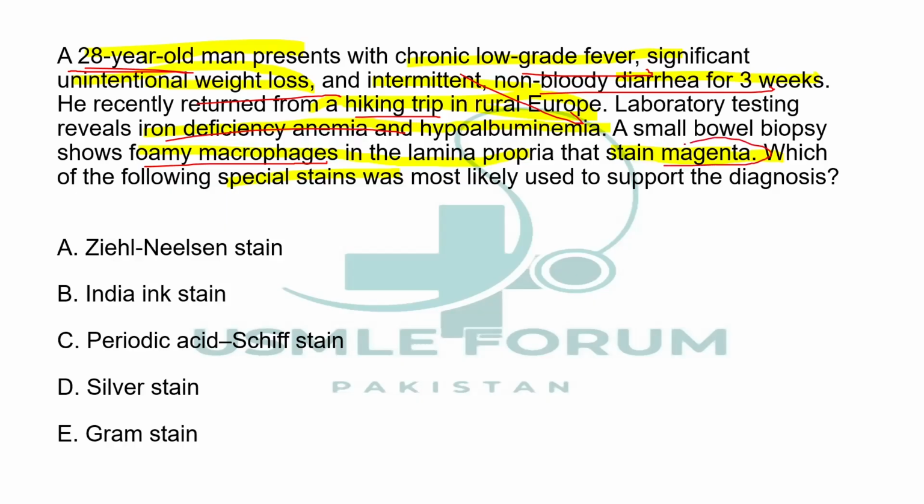Magenta is just basically a color. It's a kind of maroonish type of color. You don't really need to concentrate on this. This is not important. But other clues are, so this constellation of non-bloody diarrhea, weight loss, and a travel history given in the question, with iron deficiency anemia and foamy macrophages, this basically shows Whipple disease.